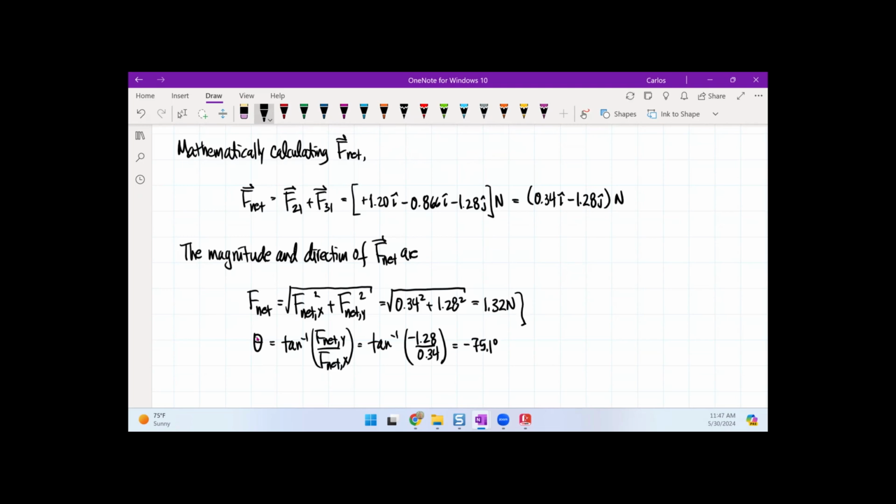In other words, my net force has a value of 1.32 newtons in the direction minus 75.1 degrees from the x-axis.